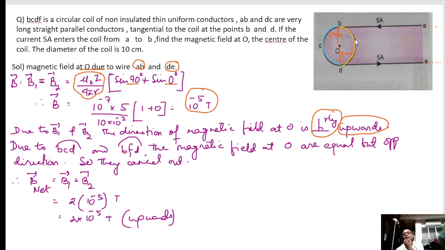So please watch here. Here current is going anti-clockwise and here current is going clockwise at the center. So total magnetic field due to the circular wire will be cancelling each other. So the net magnetic field at the center will be only due to the two straight wires, which is this. It is only due to the straight wires.